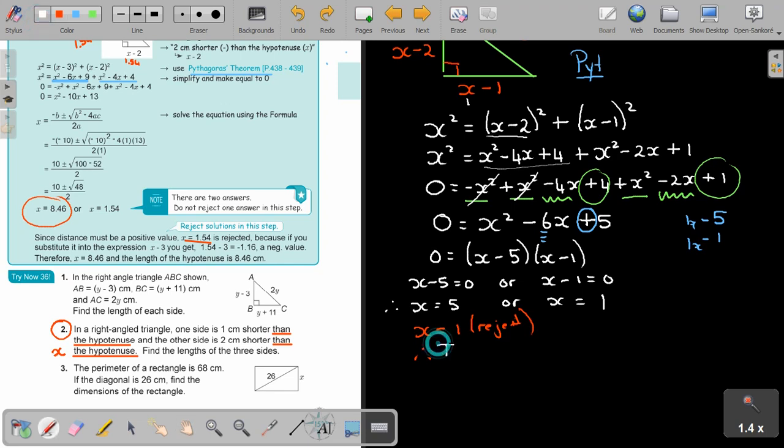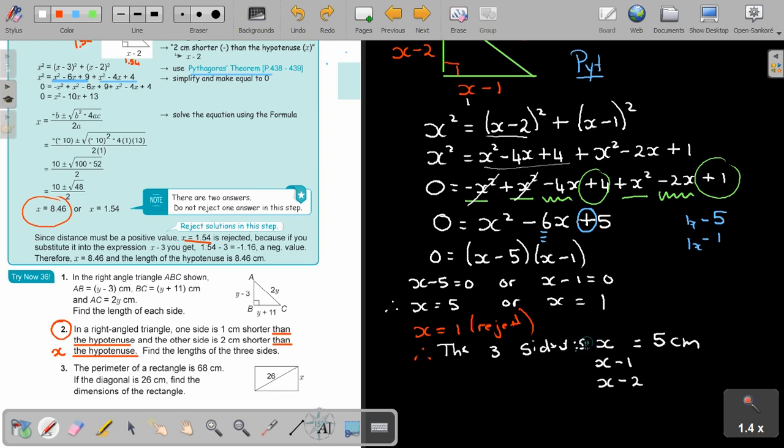Now don't forget that the three sides are x, x minus 1, x minus 2. And that will be then 5, and it's in what? Centimeters.